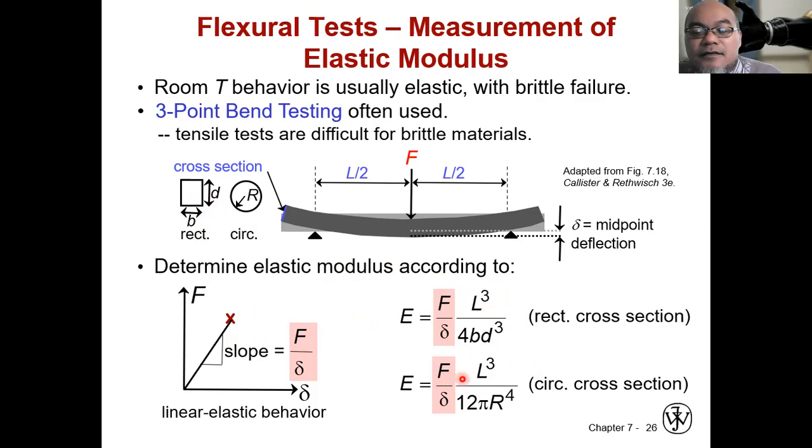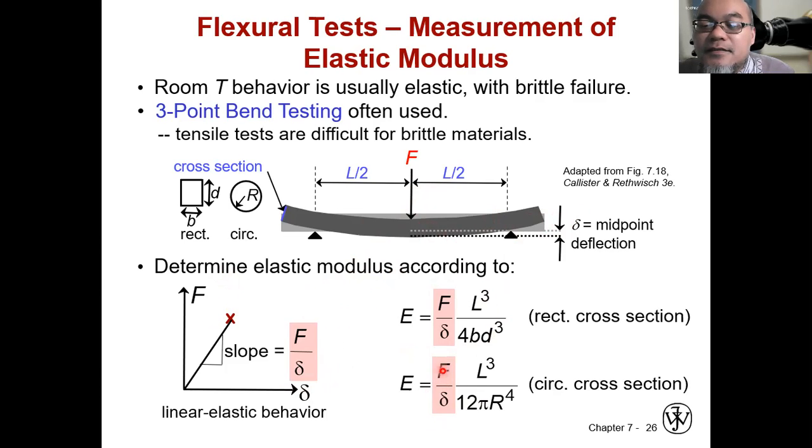If it were circular, then F over delta is L cubed divided by 12 pi r to the power 4. Okay, so in the 3-point bending test, you measure the delta from the middle point to the edge, and you measure the force.